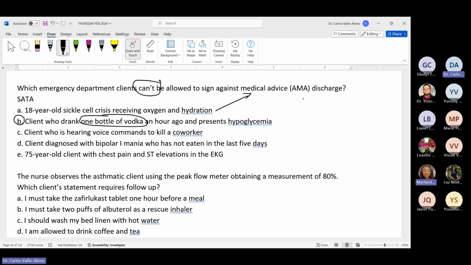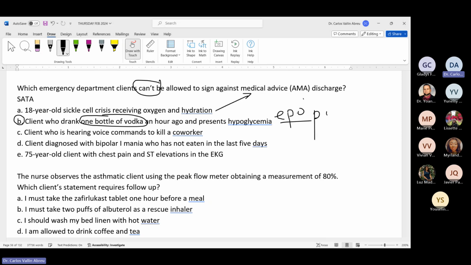One quick question, Professor. What if that client has a proxy and the proxy wants the client to get out of the hospital? Or can we stop the proxy? A client that has what? A proxy, somebody who can make decisions for him. Oh, a proxy. Okay.